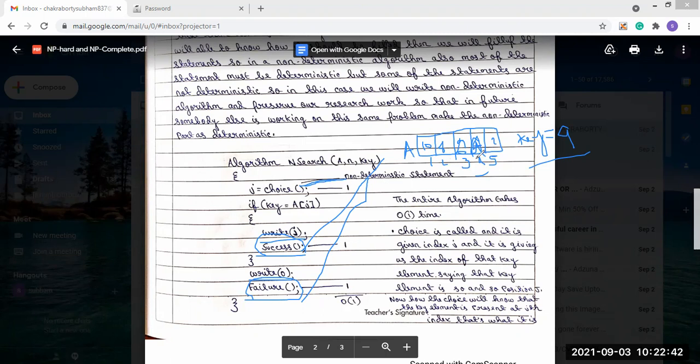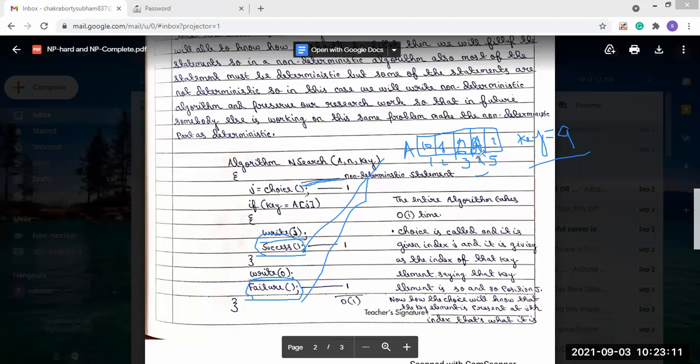That's why I have made all these statements, because if I did not state them, you would not be able to understand this. The main thing is that we want to find a more efficient algorithm.